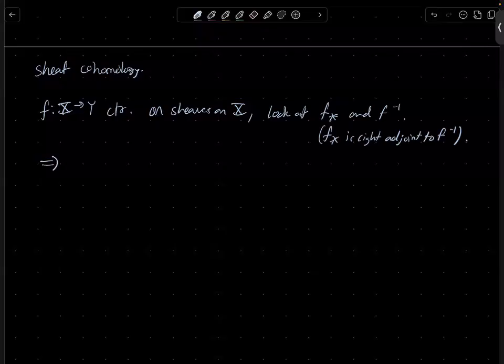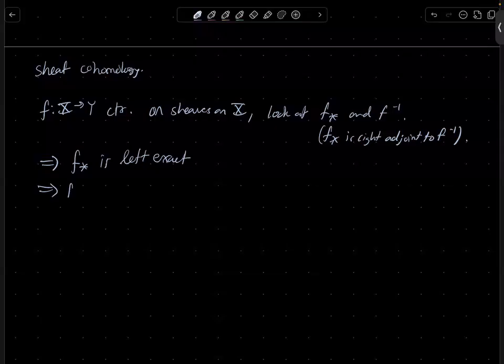So what does this say? Because of this adjointness relationship, the push forward is left exact.